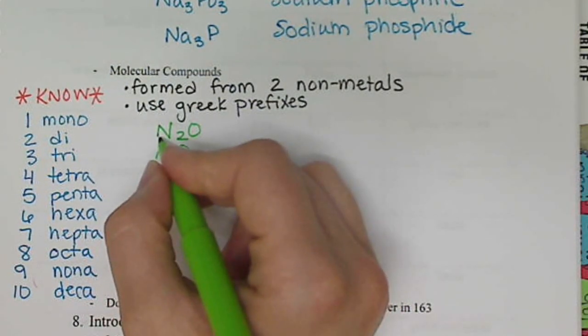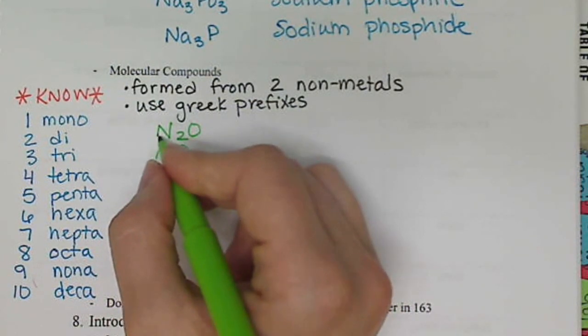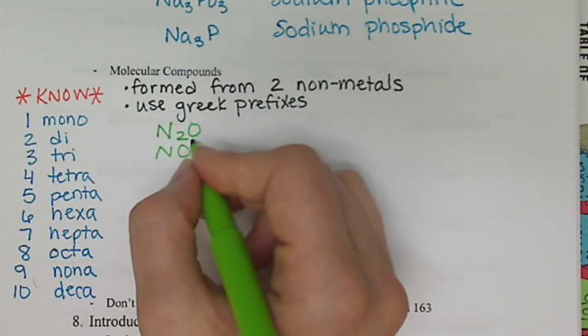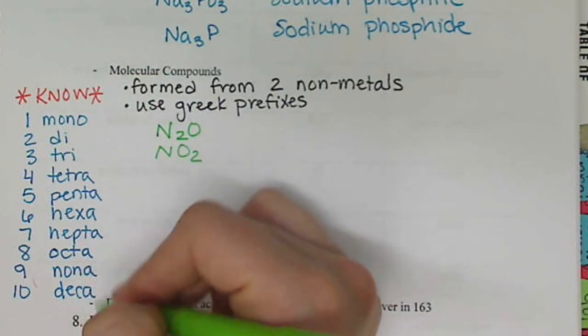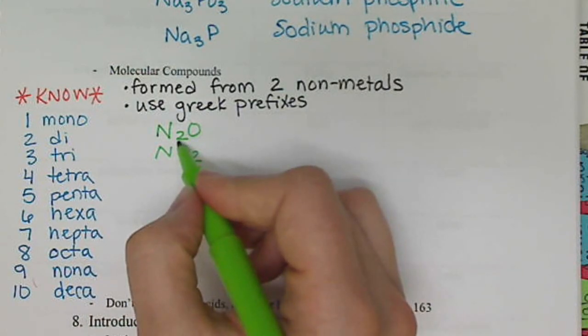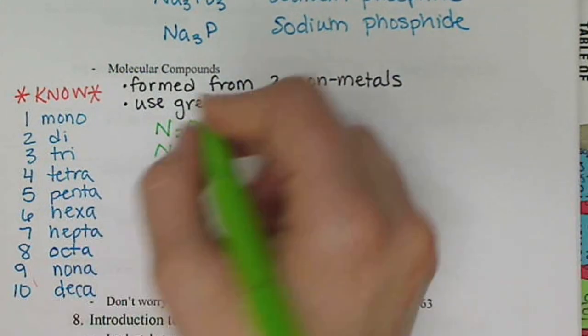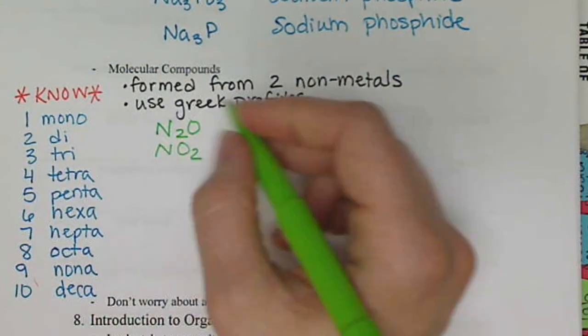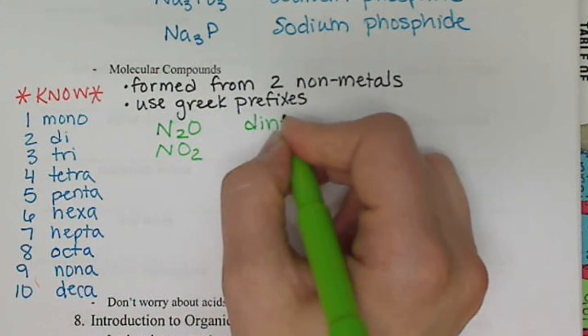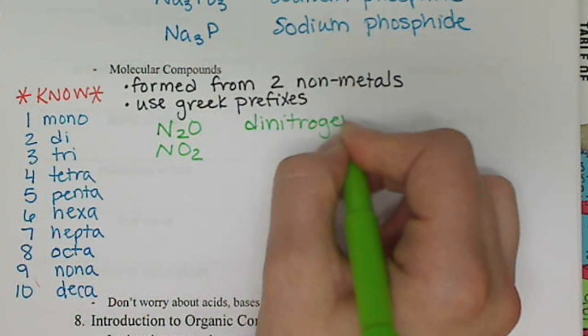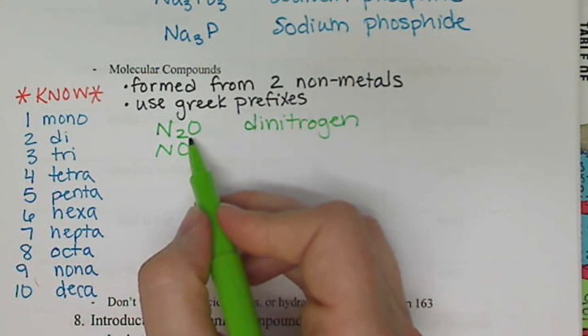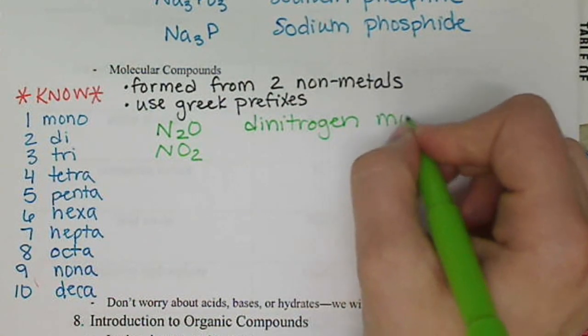So we name them using the first element name, the second one gets the IDE ending, and we include prefixes for what their subscript is. So we have two nitrogens, so 2 goes with di, so we have dinitrogen. For our second element, there's only one of them, so we have monoxide.